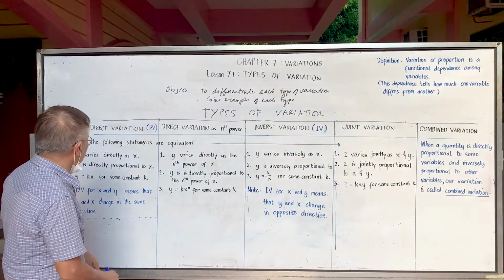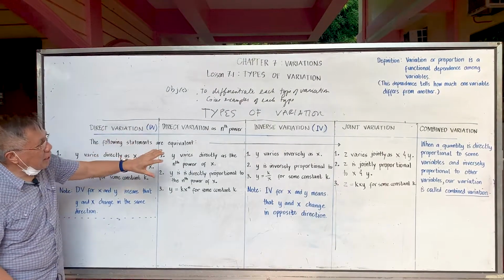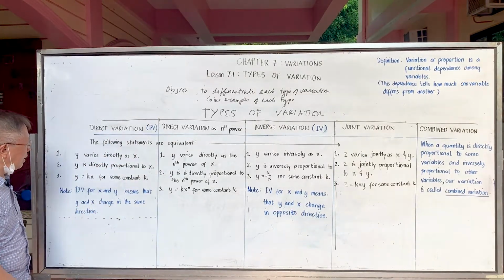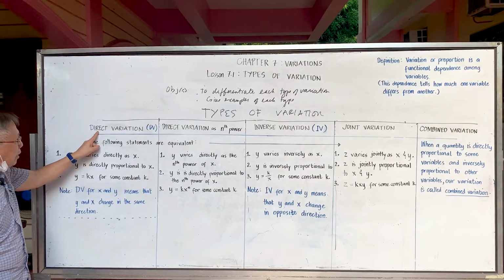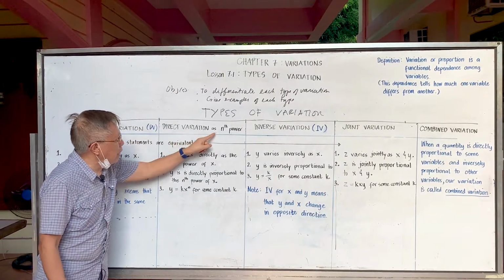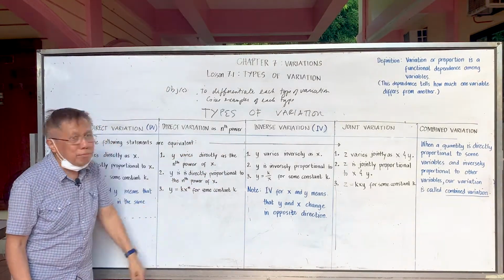Okay, so I have here written these types of variation for our own convenience. The first one is direct variation, followed by direct variation as nth power, inverse variation, joint variation, and combined variation.